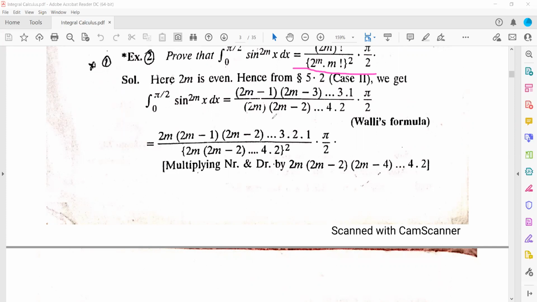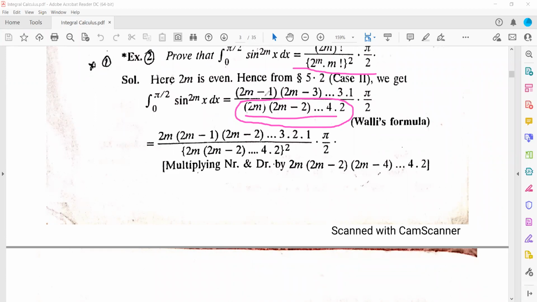So what I am going to do is, whatever it is in the denominator, with that same denominator I am multiplying numerator and denominator again. If you multiply the numerator by this, what will you get?